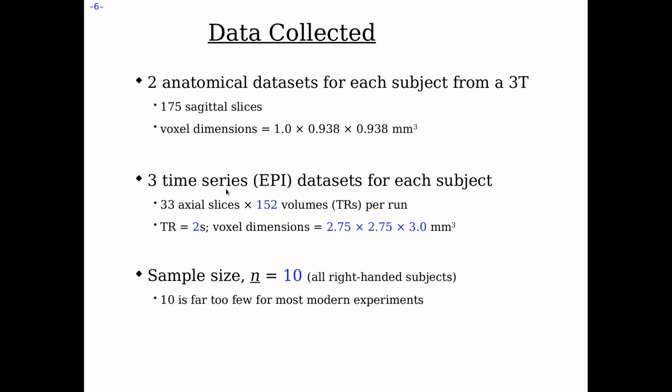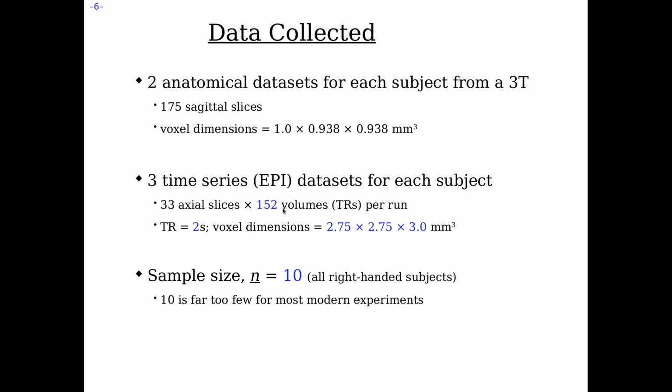And beyond the anatomical scans, we have 3 EPI runs. For 1 EPI volume, there were 33 slices, and they acquired 152 volumes per run. We're going to drop the first 2 volumes per run as pre-magnetization steady state time.